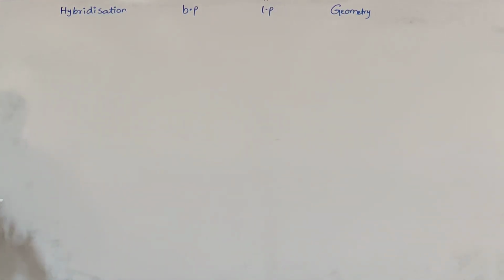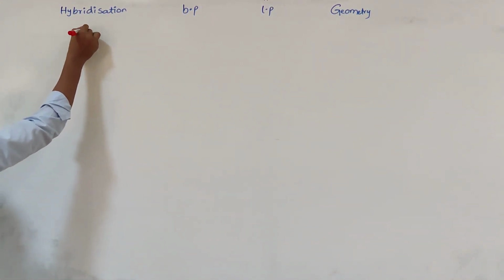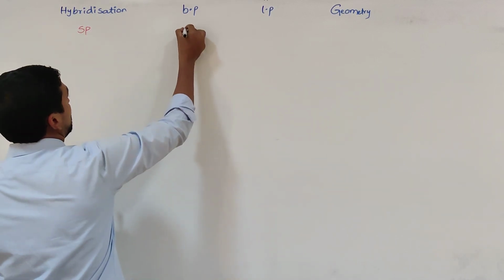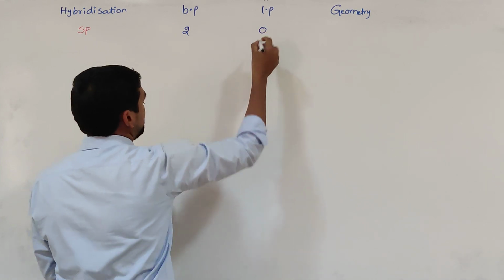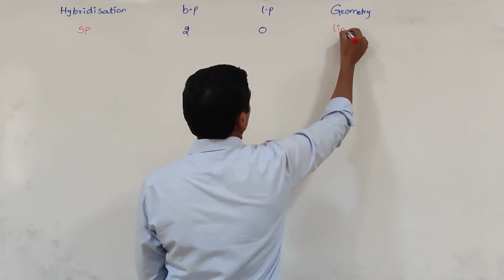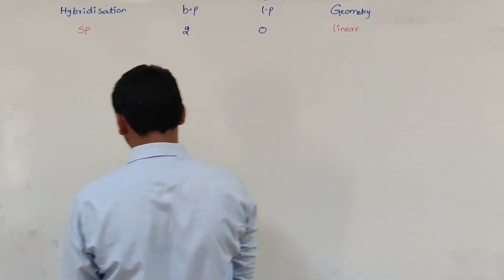If it is sp hybridization, two are bond pairs, zero lone pairs. The geometry, you know very well, is linear.